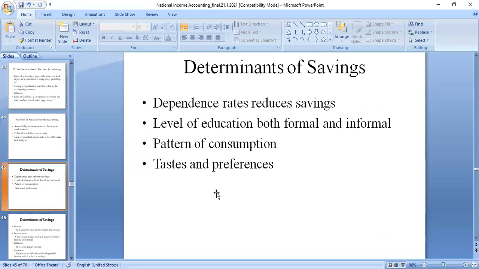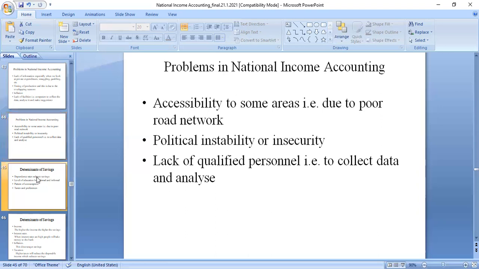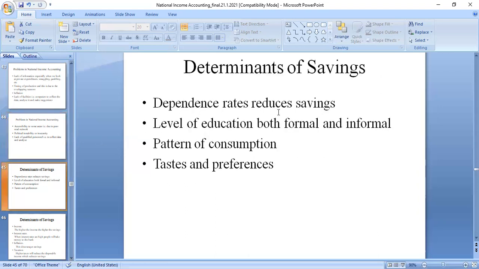Right, so let's look at the determinants of saving. Saving depends on the dependence rates, right? Dependence rates reduce saving. For example, when you have very many relatives that are depending on you, you're taking care of them, you're running the home.